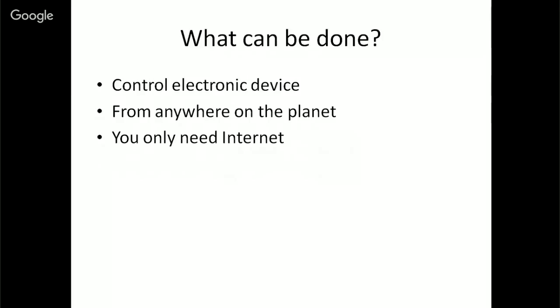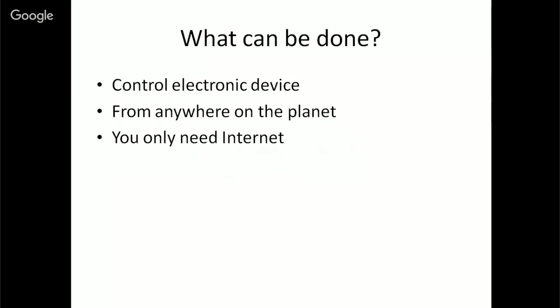If it is an electronic device, then you just need to think that it can be controlled. It can not only be controlled physically, but also virtually with the help of your smartphone, your tablet, your PCs, or anything you have that can use internet. If a particular device can use internet, then that device can be a controller.